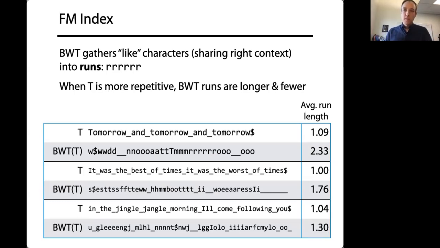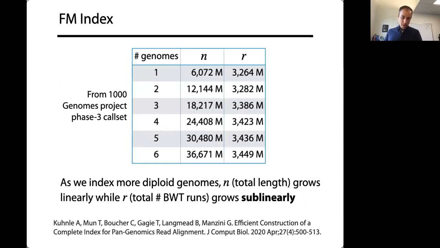Now just imagine what this is going to look like for human genomes. Like if we took a bunch of diploid human genomes, and simply threw all of them together into the BWT, maybe concatenating them first, then what are we going to get? We're going to get that the length of this representation is growing linearly, right? As we concatenate more genomes, our concatenated string is growing proportional to the number of genomes. But the number of runs in the Burrows-Wheeler transform version is not growing linearly. It's growing much slower than that.